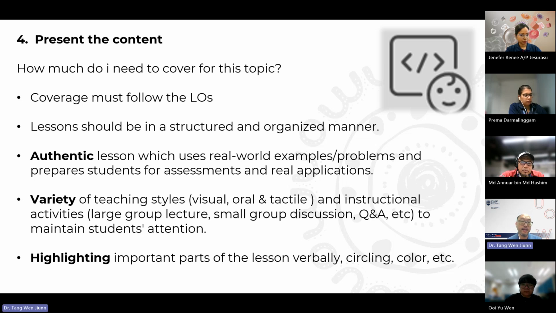And the last part here, when we present the content, we have to help them identify the important things they need to know, so that they can answer the assessment, right? So we have to highlight the important parts. If you need to circle, if you need to color, go ahead. But we have to inform them, when we present, which are the important areas they have to pay attention to.